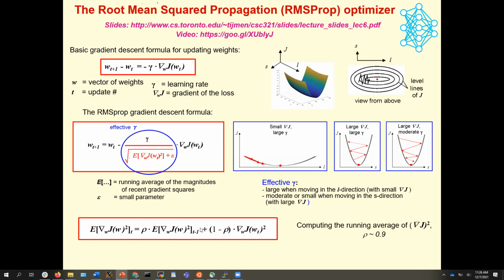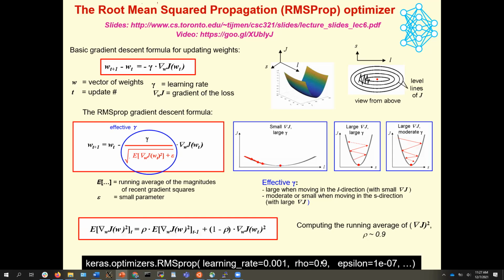We have the running average at the previous step, and we multiply it by a certain discounting factor, rho, which is suggested to be 0.9. We take the previous value of the running average with weight 0.9, plus one minus rho times the current value of the square of the gradient of loss. This way we compute the new average value of the square of the gradient of loss.